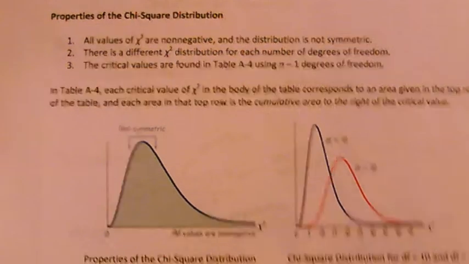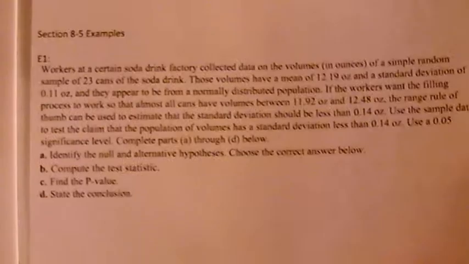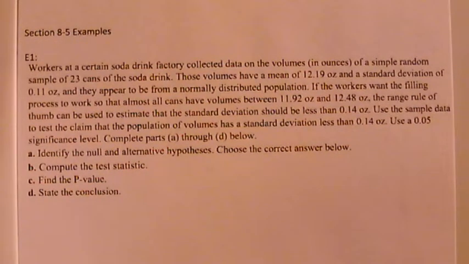Okay, so let's look at some examples of testing a claim about a standard deviation or variance. Let's start off with the first example. And again, we're going to be using that 8-step approach for hypothesis testing, like we did in the other videos before.